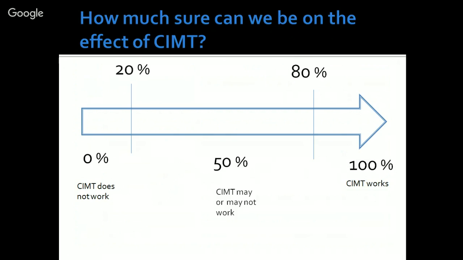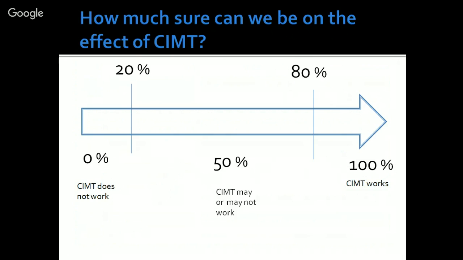Say, for example, you're going to apply your CIMT to the next patient, and you want to know whether it's going to work or not. If the quality of evidence is at 50%, then you're confused. You can instead toss a coin. If head comes, you can consider that the patient will improve and you can apply CIMT. If, on the contrary, tail comes, then the CIMT may not work for the patient.